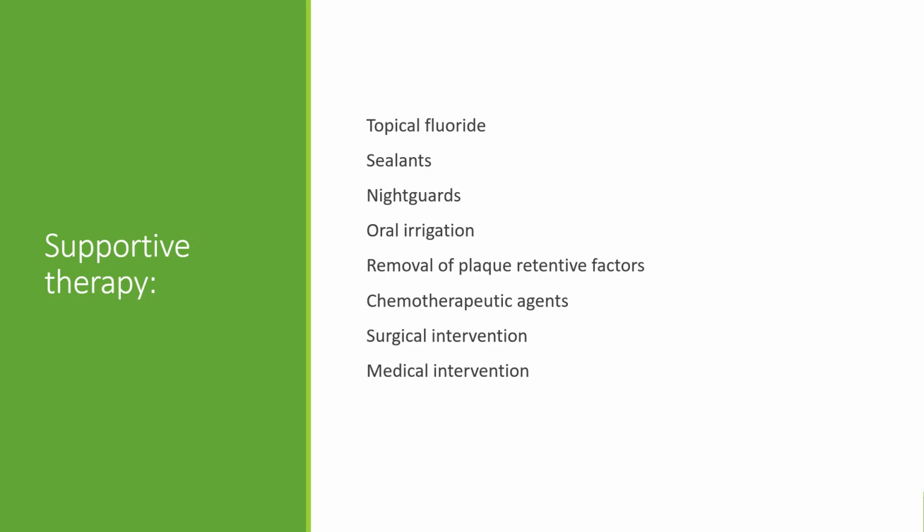Is a referral to a periodontist required, because the standard mechanical debridement, non-surgical periodontal therapy, is not enough? Just us going in and scaling isn't working; the client's not responding. They need to take that next step. And do we need medical intervention? Do we suspect undiagnosed diabetes, and are we recommending that they see a doctor to be tested for it? So these are things that, again, you have to factor into your treatment plan.